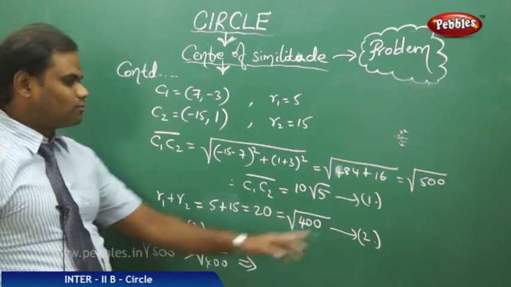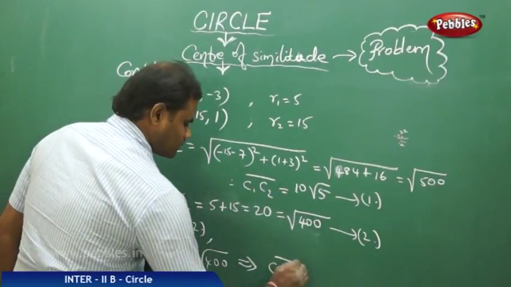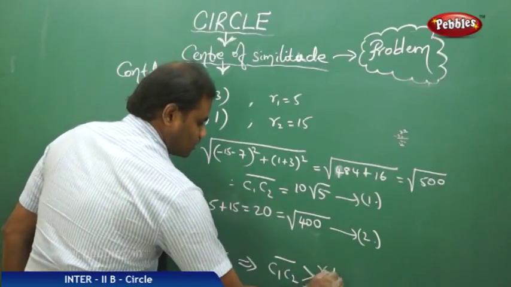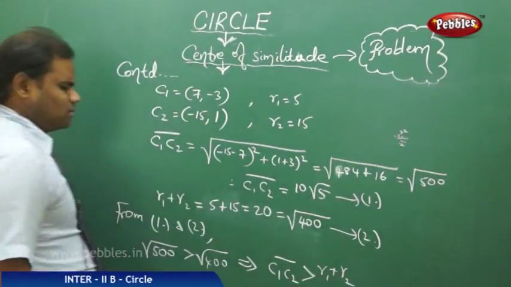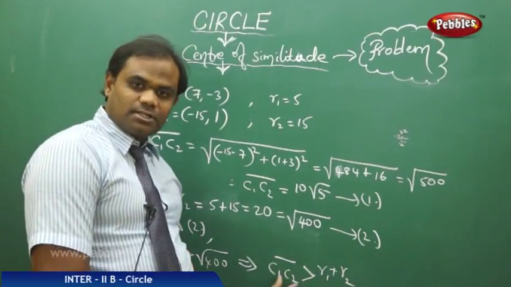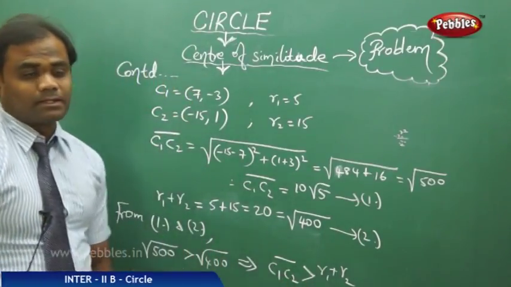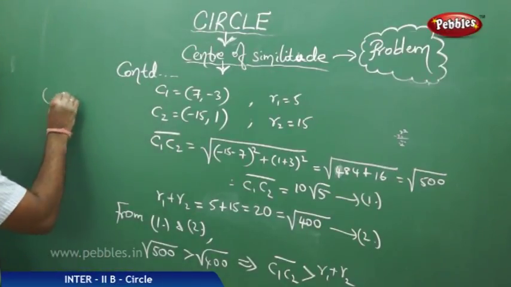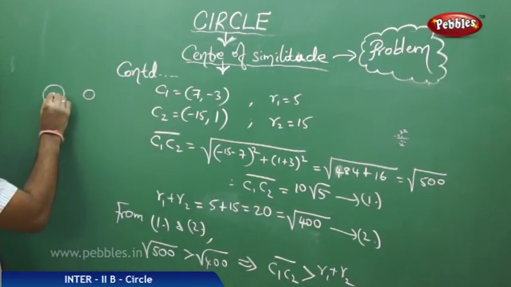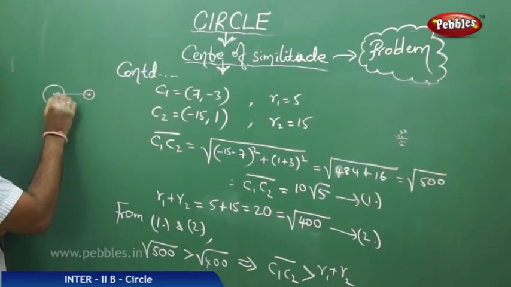That implies root 500, which is C1C2, is greater than R1 plus R2. So the distance between the centers is greater than R1 plus R2. This is possible only when the two circles are disjoint, because the distance between the centers is more than the sum of the radii.